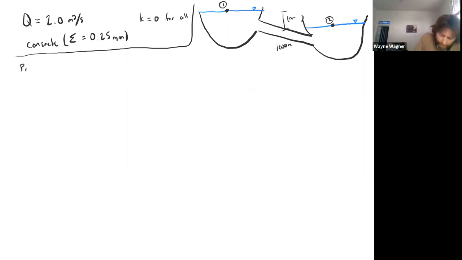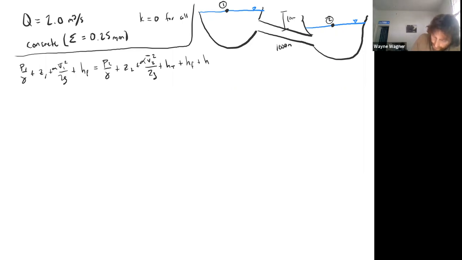P1 on gamma plus Z1 plus alpha V1 squared on 2g, plus HP equals P2 on gamma plus Z2 plus alpha V2 squared on 2g plus HT plus, I'm going to split out the head loss, HF plus HL. I'm going to quickly get rid of everything. I think at this point you know what we can get rid of.